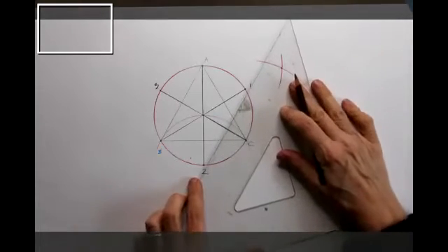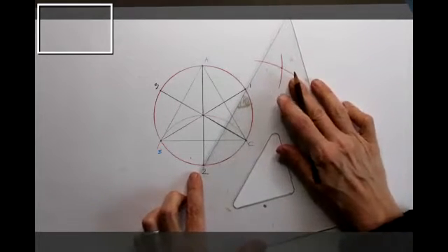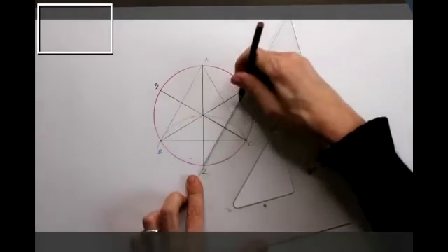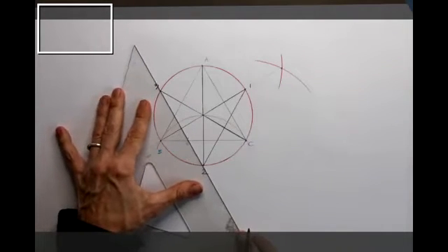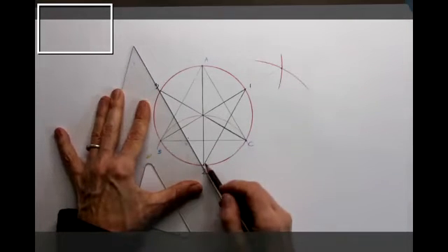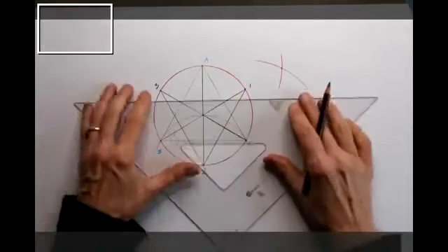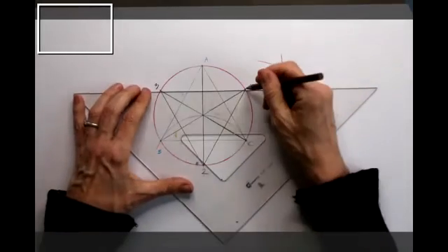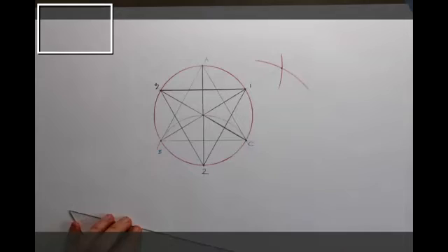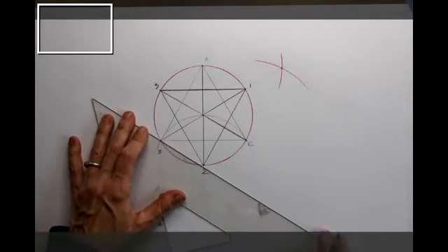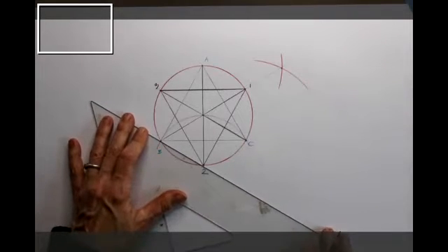I could connect these numbered points. And now I have a 6-pointed star. I could also connect them this way.